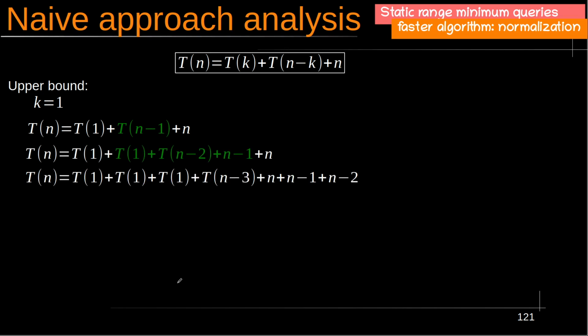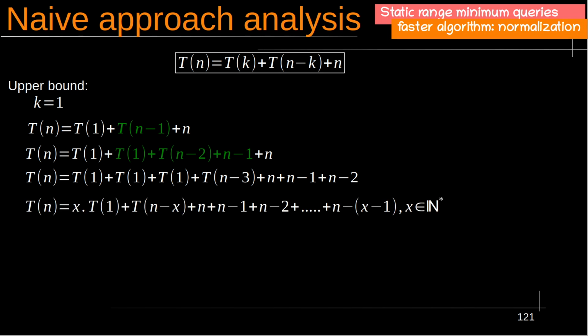If we replace T of n minus 2 by its value, it will be T of 1 plus T of n minus 3 plus n minus 2. If we do a lot of substitutions, we can say that at some point we have x times T of 1. Like here, guys, we have T of n minus 3: 3 T of 1 plus n, which is the first one, plus n minus 1, the second one, plus n minus 2.